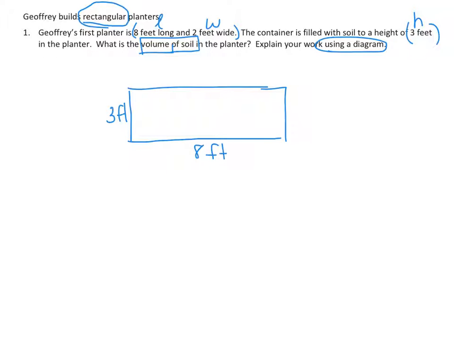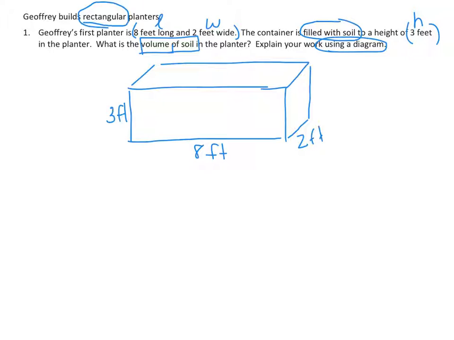My width is 2 feet. All right. And then we just finish off our planter. All right, so I have my length, I have my width, I have my height, which is filled with soil.